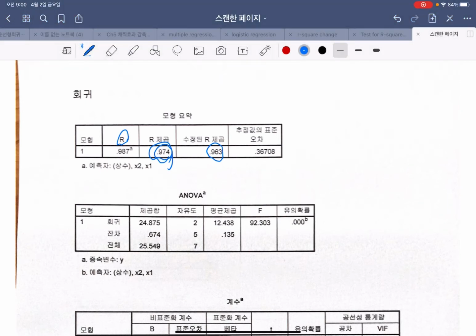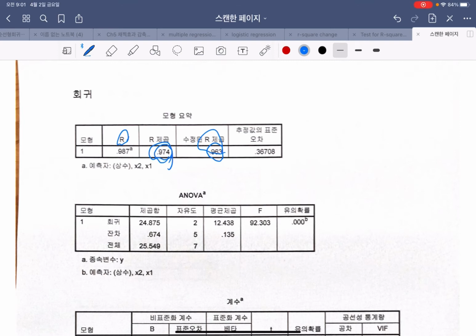You don't want to include an independent variable which is not related to the dependent variable. So you don't need to worry too much about the adjusted R square. Just simply look at the R square. So I'm not going to emphasize these things, okay?